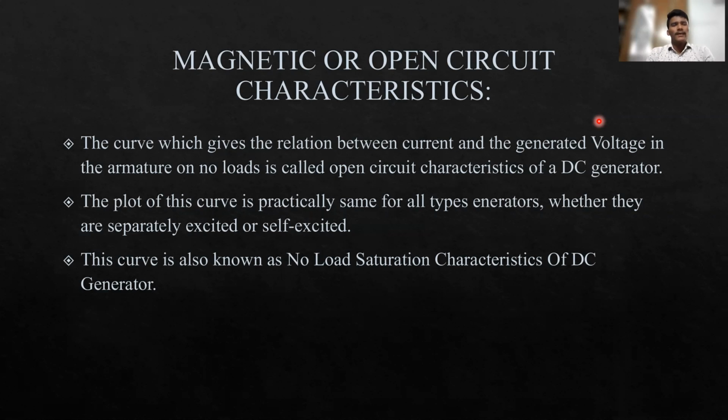Now the plot of this curve is practically the same for all types of generators, whether they are separately excited or self excited. Anything which shows a characteristic is represented by a graph, and the open circuit characteristic curve is almost the same with all types of generators.